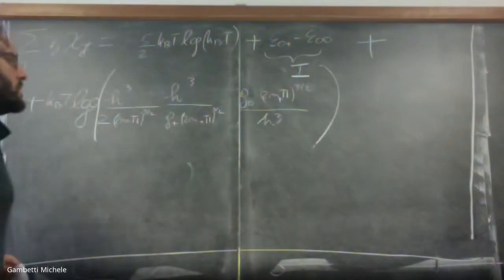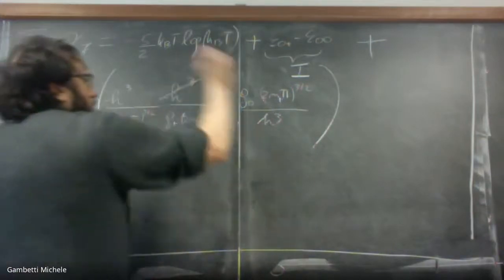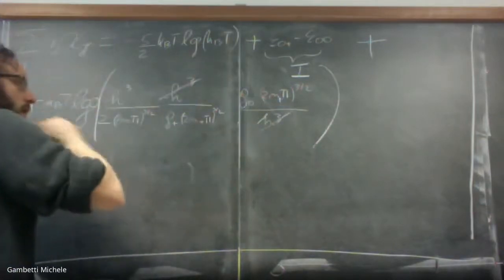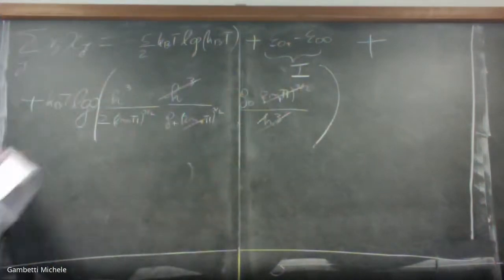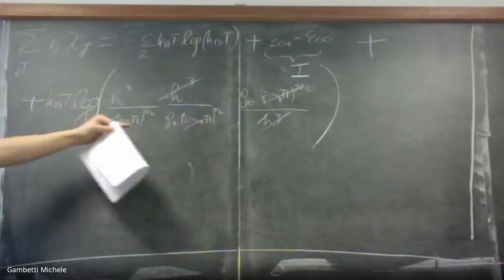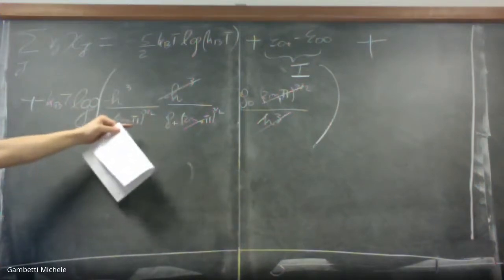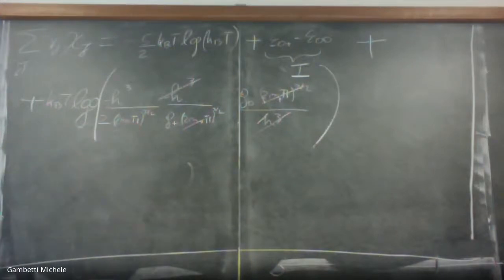So now you see that there are some cancellations, of course, of this one and this one, this one and this one. And then I'm left with h bar divided by 2, g plus g0, and then there's this additional factor, which contains the mass of the electron.